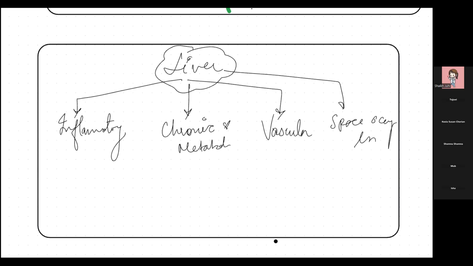Now, what all things will come under that? Inflammatory, chronic or metabolic, vascular, and space occupying.